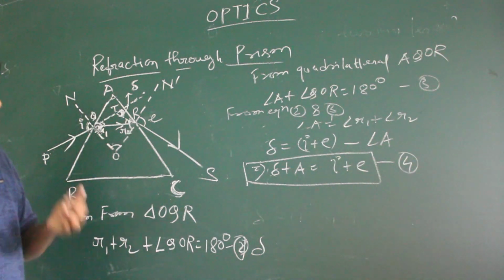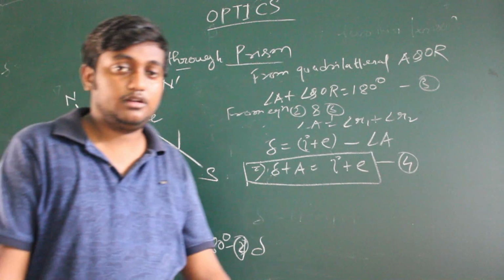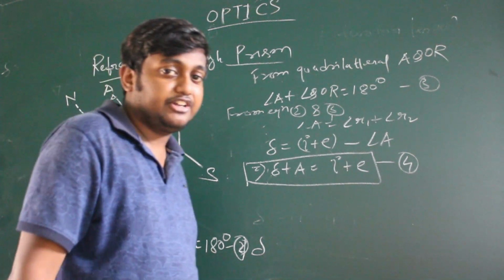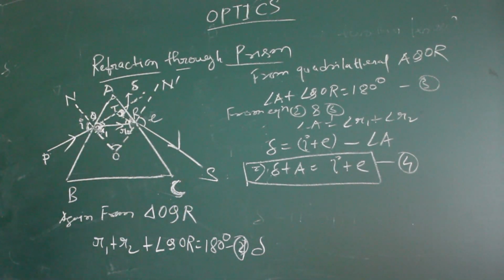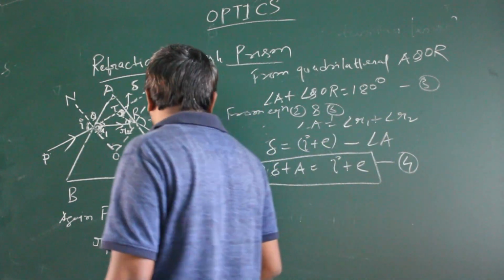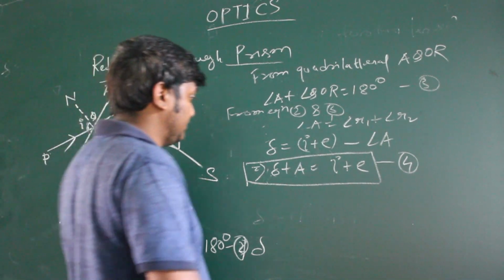Okay. Now we will derive the equation for minimum deviation. Now, what is minimum deviation? The minimum deviation means if we plot the graph between angle of incidence and angle of deviation, then you will find the graph is like this.